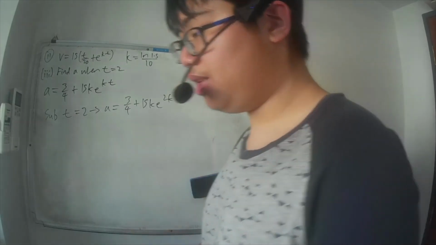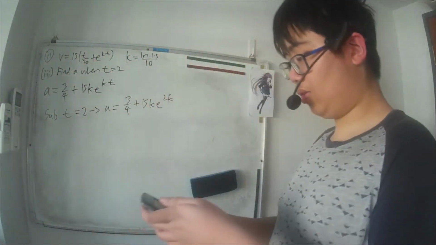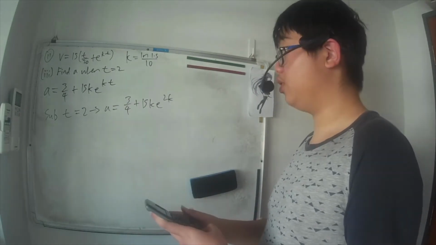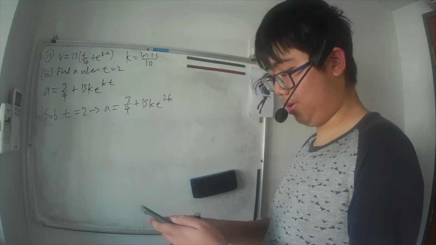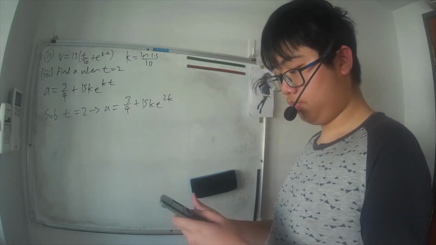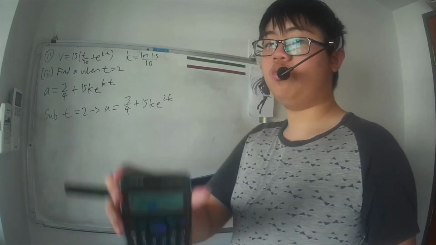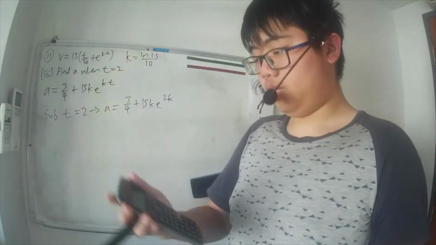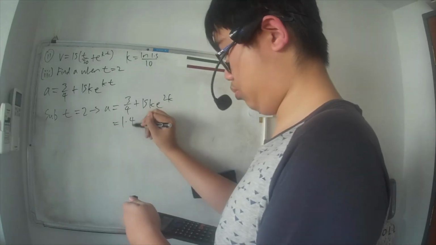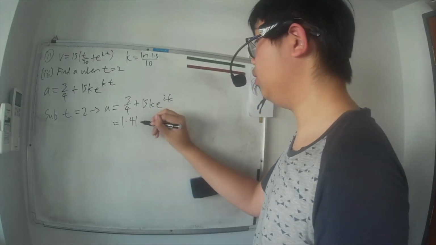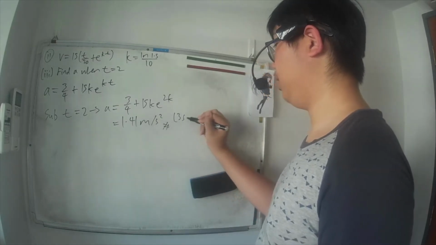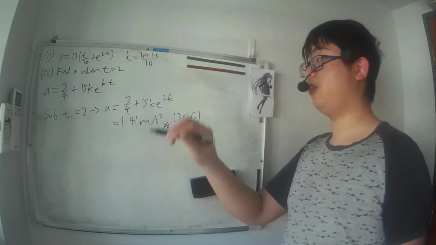And once again, you will need to use your calculator, put ln 1.5 divided by 10, and get the answer. So the answer is 1.41 in 3 SF. This is quite easy, just differentiate and sub t equals 2.